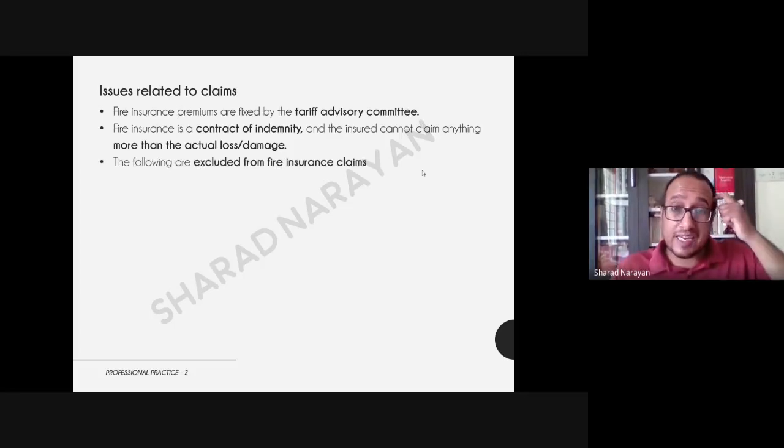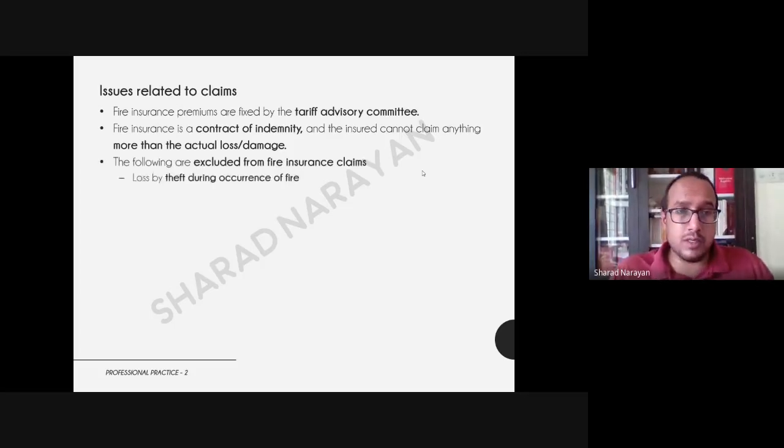Okay, the following are excluded from fire insurance claims: loss by theft during occurrence of fire. So let us say that your building is burning, and all of a sudden one fellow decides to jump in and steal something. Or let us say that the firefighters, touch wood, they should not do that, but still the firefighter decides to steal something from your place. Such loss is not covered during the occurrence of fire.